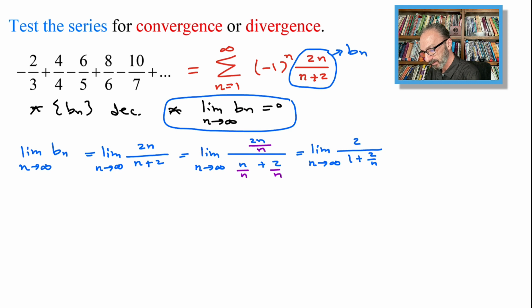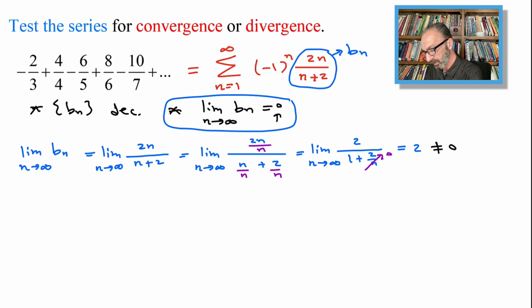Clearly, this 2 over n would go to 0 as n approaches infinity, and the limit will give me 2 over 1, which is 2, and clearly that is not equal to 0 as we were looking for. So we can't use the alternating series test.